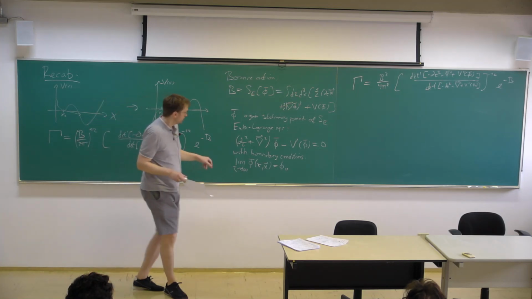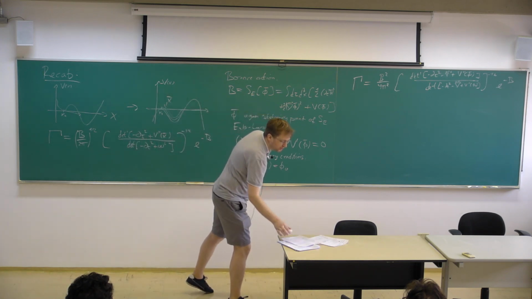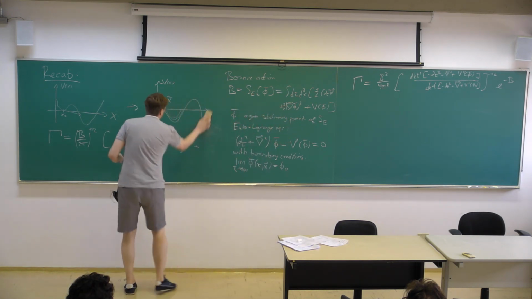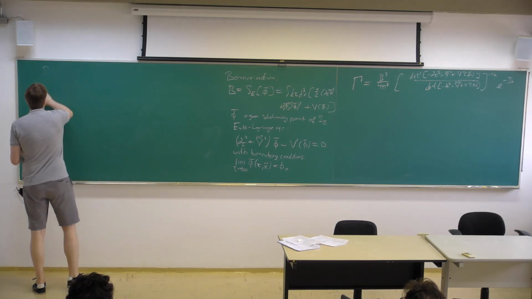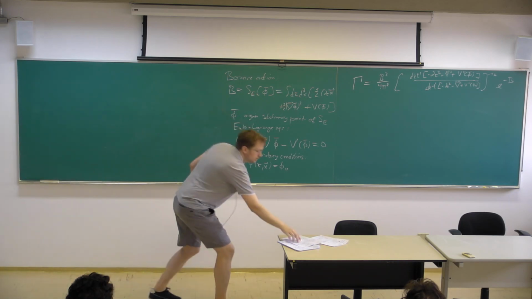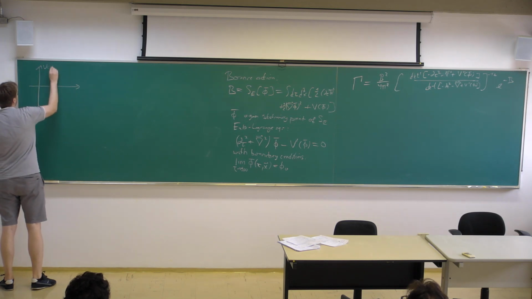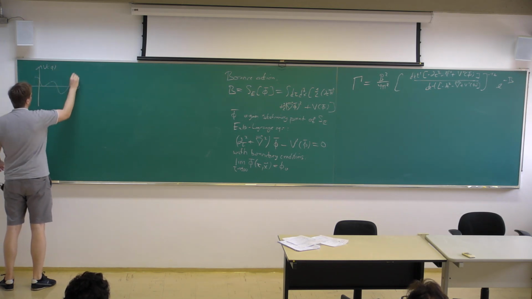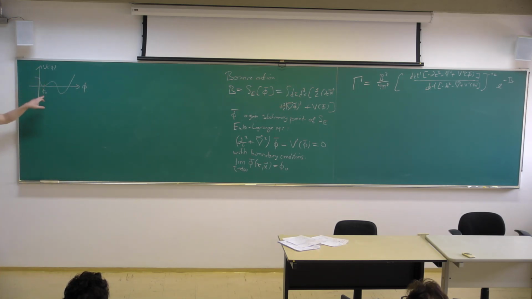So now we have a path that, again, I erased it, but let me just draw it again here. The potential, some path, and a path integral which starts here at tau minus infinity and then is again here at tau infinity.